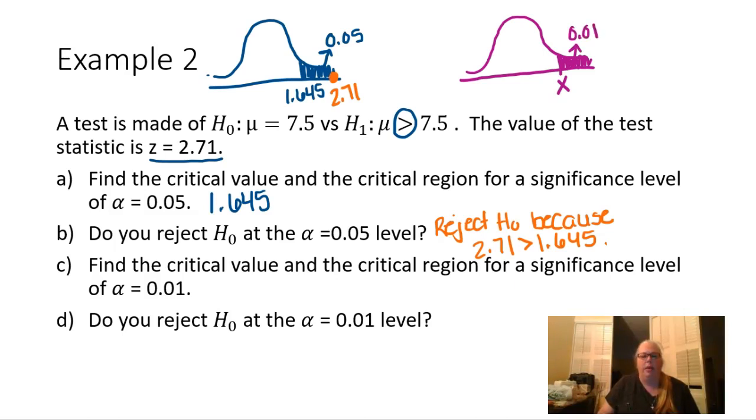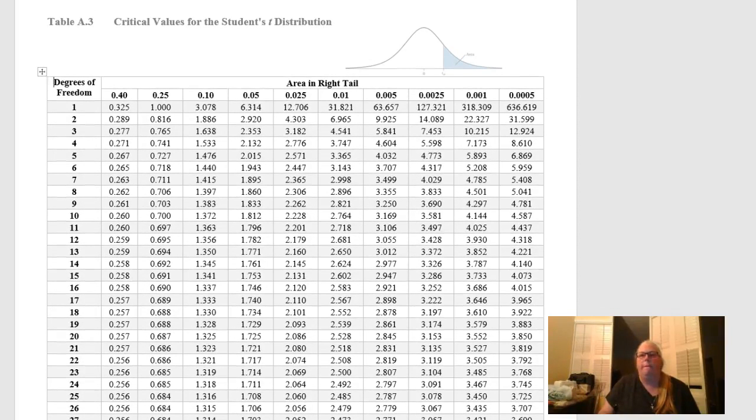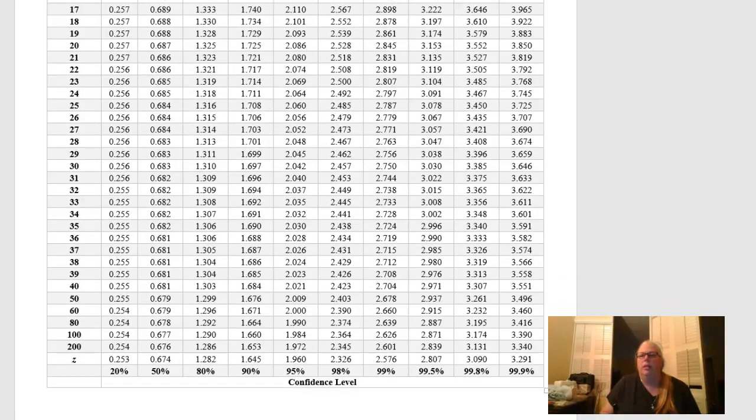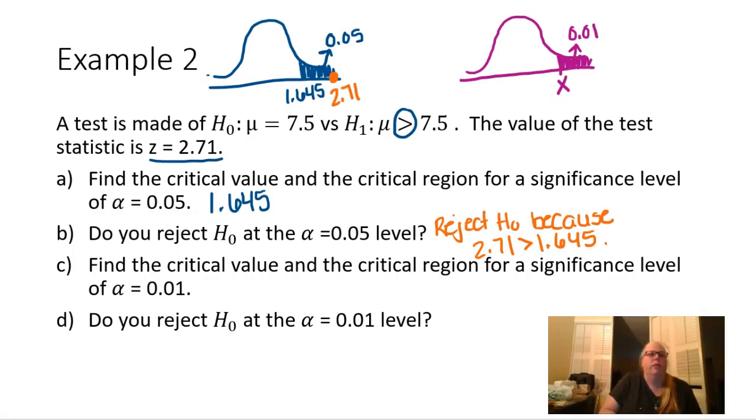We'll pull up table A3. 0.01, 1, 2, 3, 4, 5, all the way down to the Z line. 1, 2, 3, 4, 5. This is 2.326 for my critical value. Okay, let's sketch that in. So for part C, the critical value is 2.326.